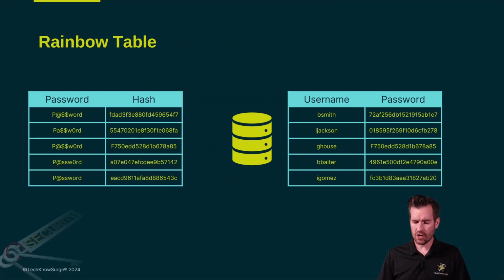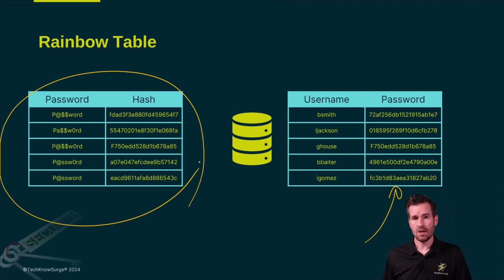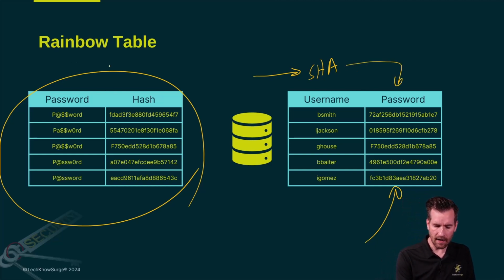Not only are they going to use software to try to guess at the passwords associated with these different hashes, but they're also going to use a rainbow table. So what we've done is we've used some sort of algorithm, perhaps it's SHA, to switch the password into a hash. Well, there are tables out there that already have this compiled for them.